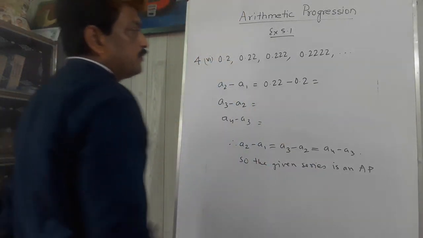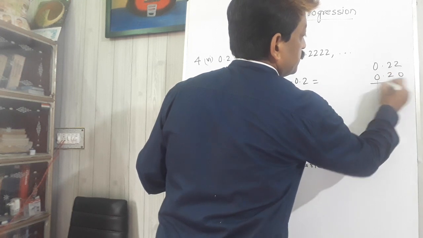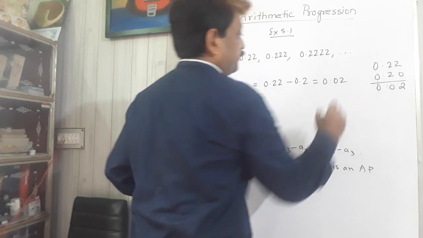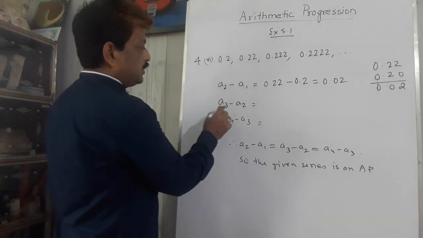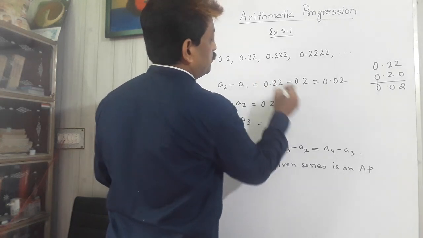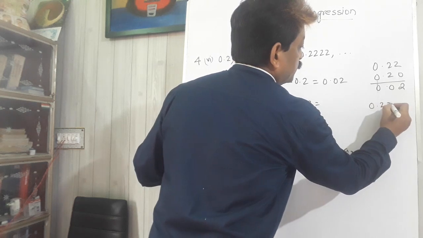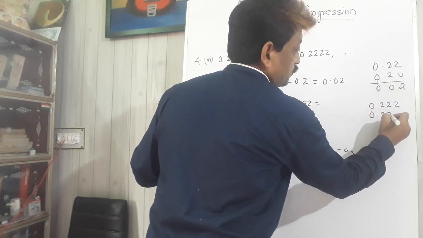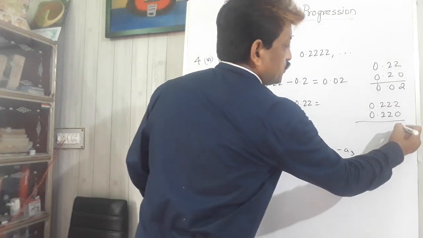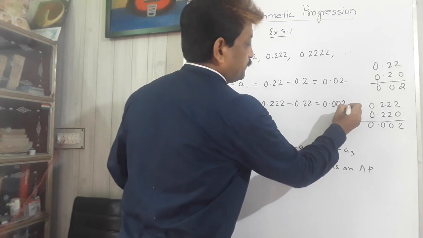How much will you get? It is 0.02. Now A3 minus A2: A3 is 0.222, A2 is 0.22. So here, the last will be 0, as we all know. So it is 0.002.